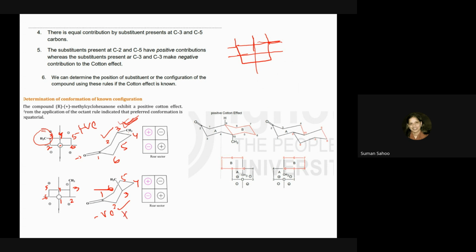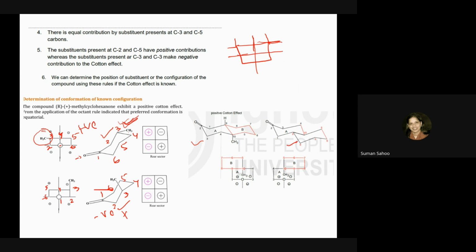Similarly, another example here. These two are actually mirror images. It is being written like this, but these two are enantiomers, and this one gives you a positive Cotton effect. If you deduce the structure as it is giving you positive Cotton effect, it can have the structure like this or like this.